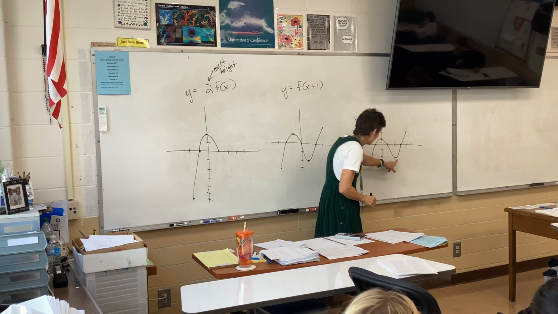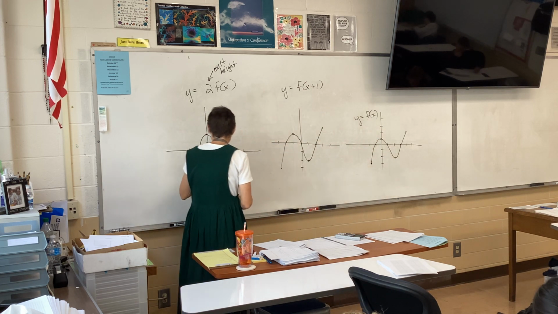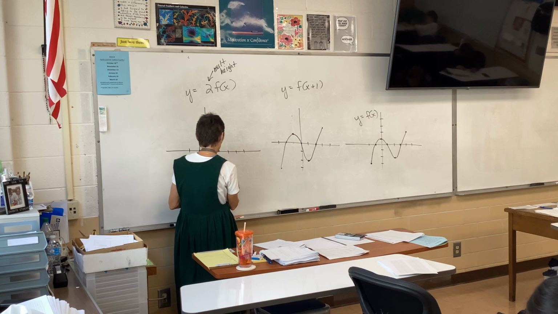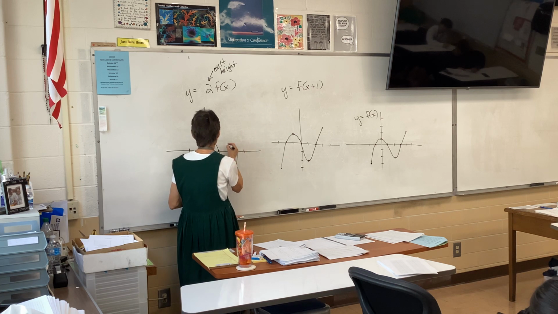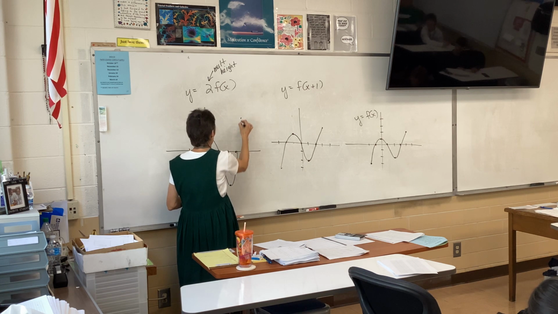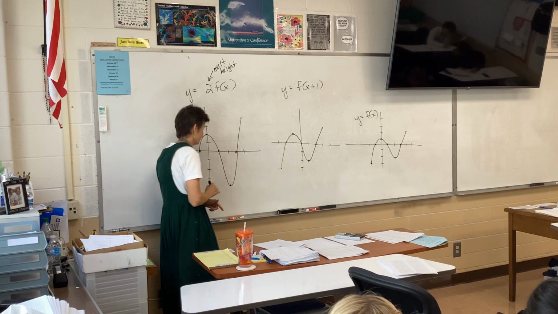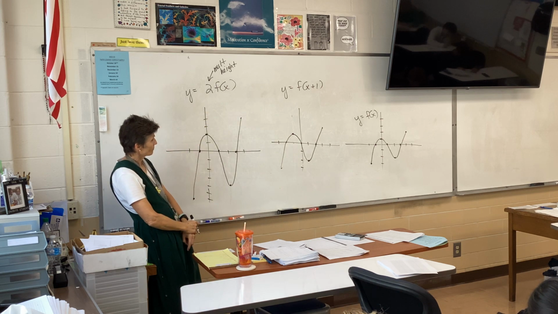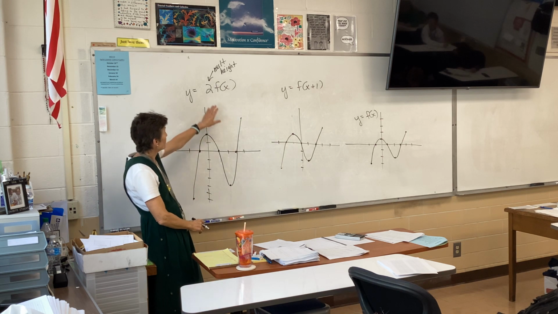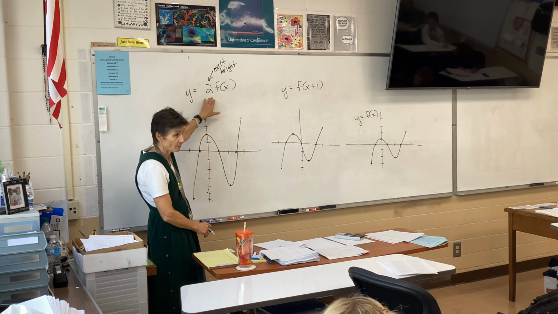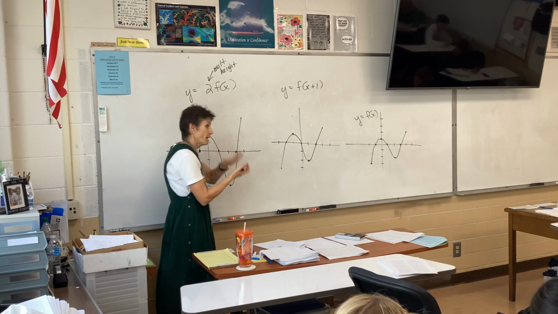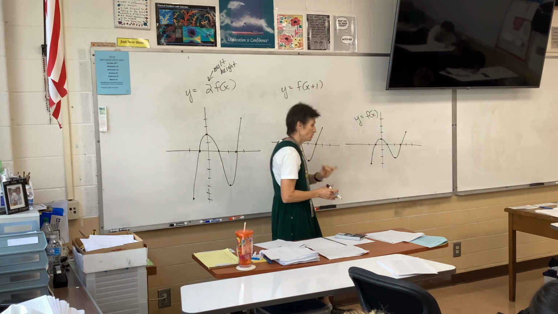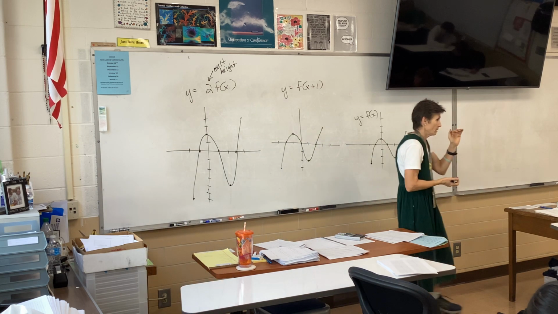This guy is going to be down 4. And that one's going to be up 4. A coefficient, a multiplier out in front, multiplies the vertical.